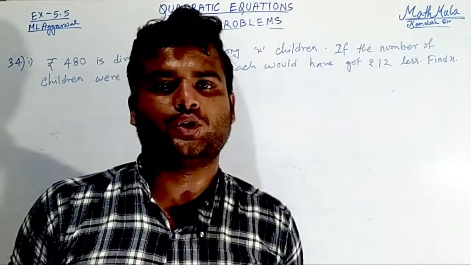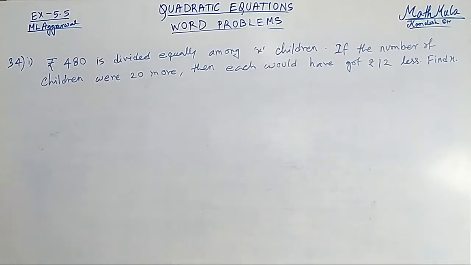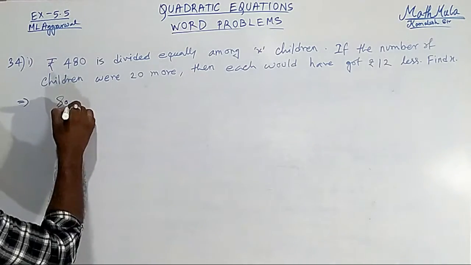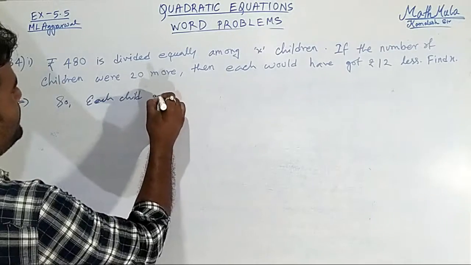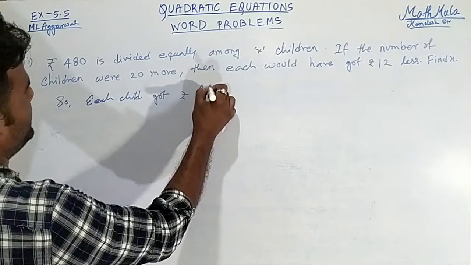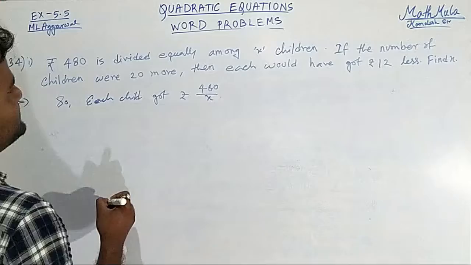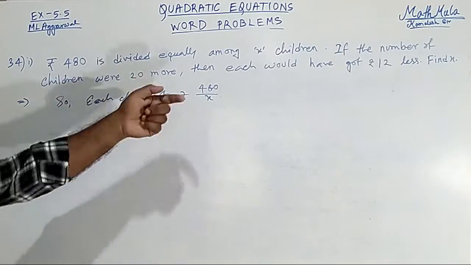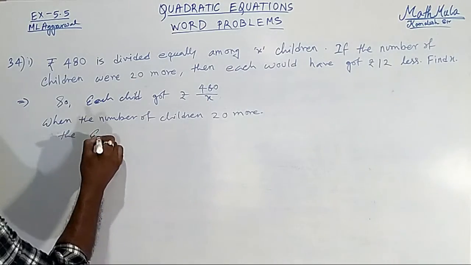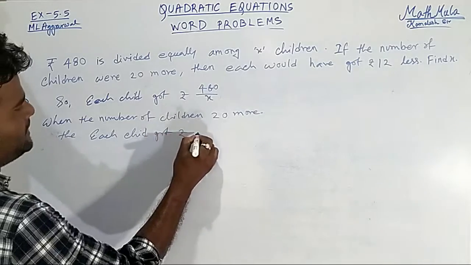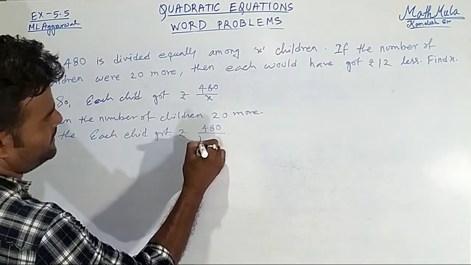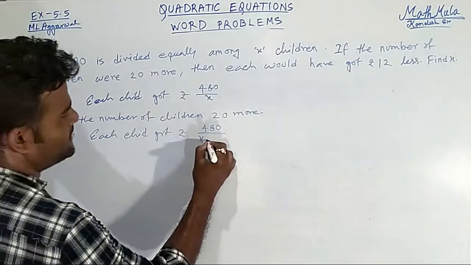Now we solve 34.1. Rupees 480 is divided equally among x children. If the number of children are 20 more, then each would have got rupees 12 less. Find x. So each child got rupees 480 by x. When the number of children is 20 more, that is x plus 20, each child got 480 divided by x plus 20.